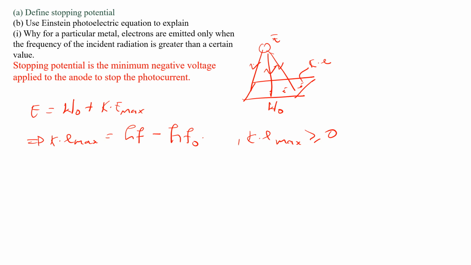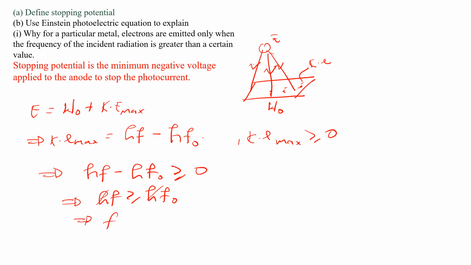Now, since it is always greater than or equal to 0, this implies that hf minus hf0 should always be greater than or equal to 0. So this means that hf should be greater than or equal to hf0. And so the h's can cancel, which means that f should be greater than or equal to f0.